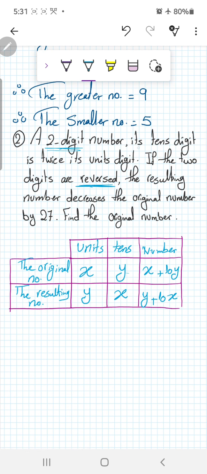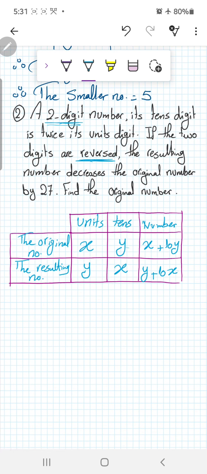Okay, let's read it again. 2-digit number, its tenth digit is twice its unit digit. Here we talk about the original number. So its tenth digit y equals twice, as we said twice means double, twice its unit digit which is x, so 2x, and this is equation number 1.